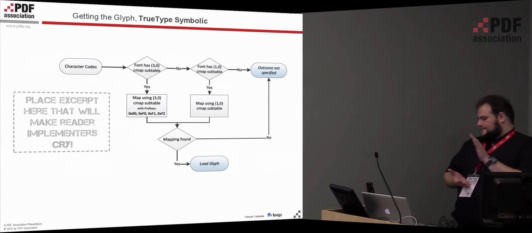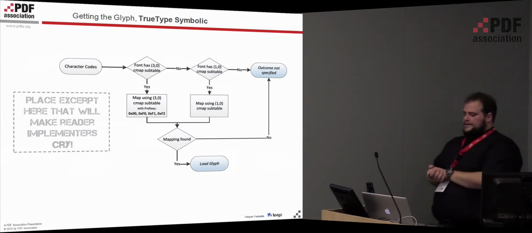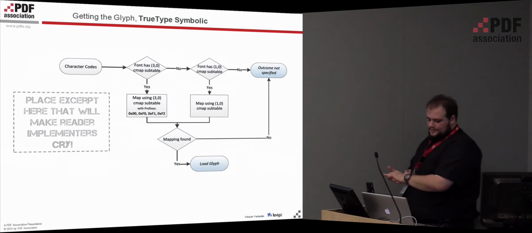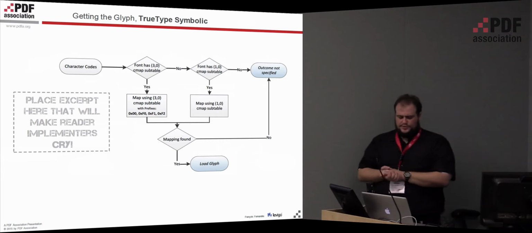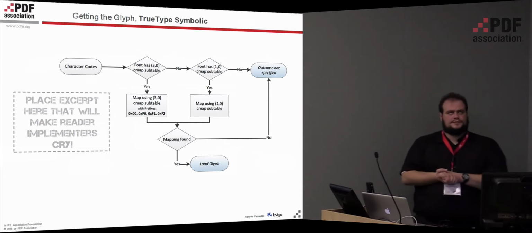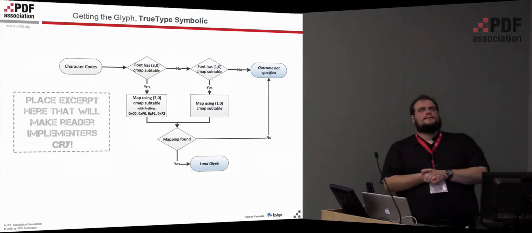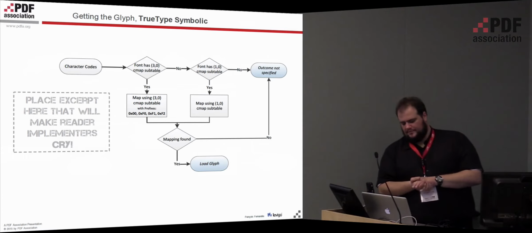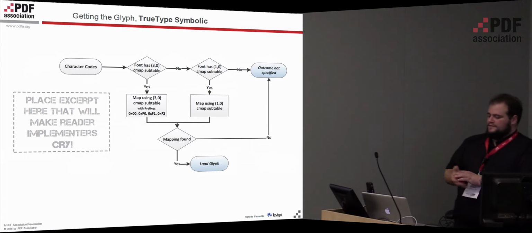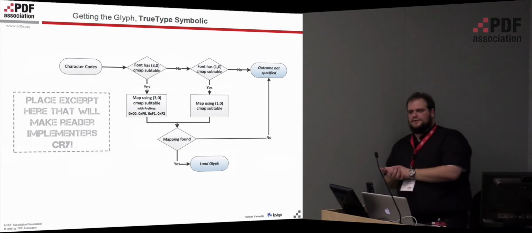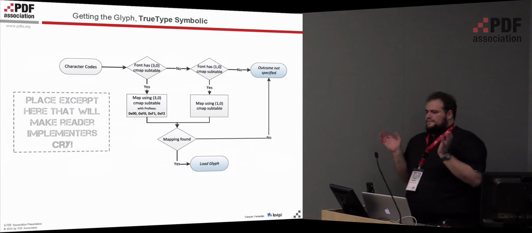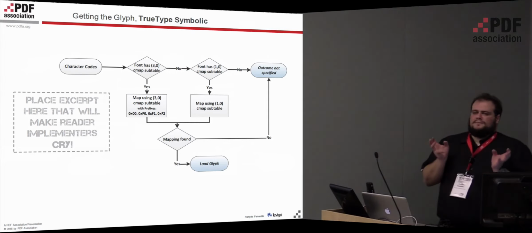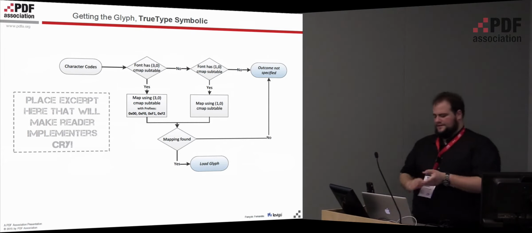And if it has no 3,0 subtable, Microsoft Symbolic, we are supposed to use the 1,0, which is Mac Roman, I think. I'm 100% sure. But there we'll just use a plain mapping without doing any fancy prefixing at all. And if we don't have any kind of match, the outcome is not at all specified.